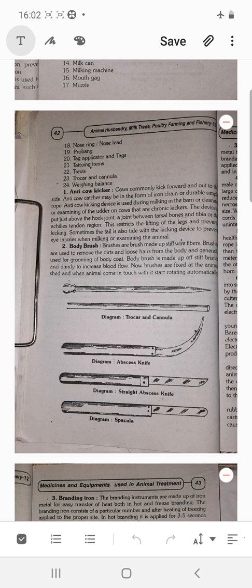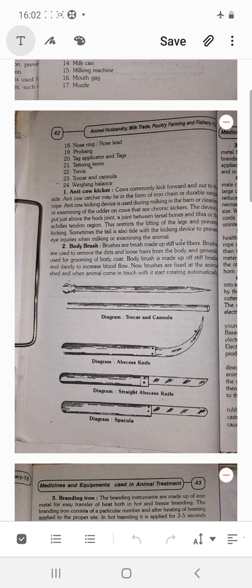The anti-cow kicking device is used during milking in the barn, or cleaning or examining of the udder on cows that are chronic kickers. The device is put just above the hock joints.